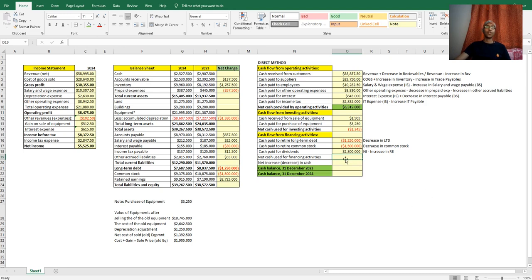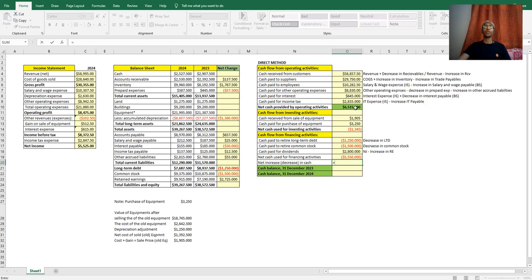Therefore, net cash used for financing activities is equal to cash paid, cash paid, cash paid. So this plus this minus this, because this is showing as a positive number, we do a minus of this. So this is the financing activity net cash outflow that is happening. Now net cash increase and decrease.